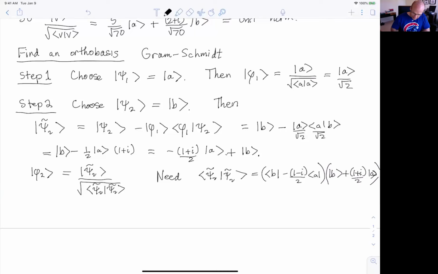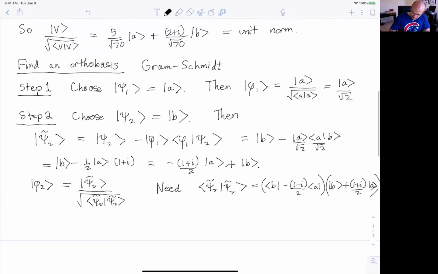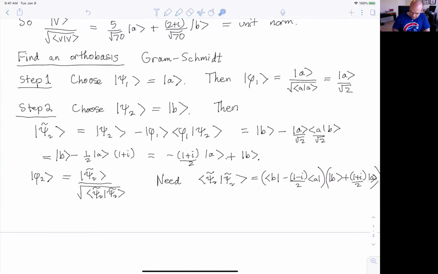Okay, and once again, I want to remind you that what we had to remember to do here, this is a common thing to forget, we had to take the complex conjugate when we formed the bra corresponding to psi tilde 2. Okay, so now you can multiply that all out. I won't go through all the arithmetic. It turns out that when you multiply all this out, you get the number 1, which was totally lucky.